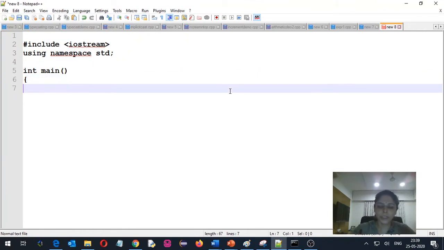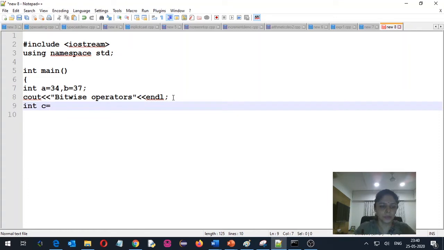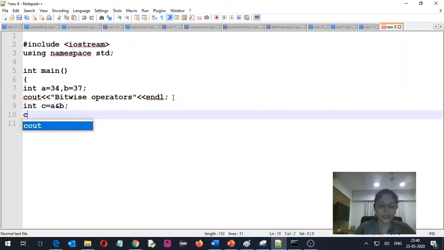If you want to see how it works, we are writing here cout bitwise operators. Here we will write int a is equal to 34, b is equal to 37, and then we will say int c is equal to a and b. So the answer will get stored in c, and then we write cout c.